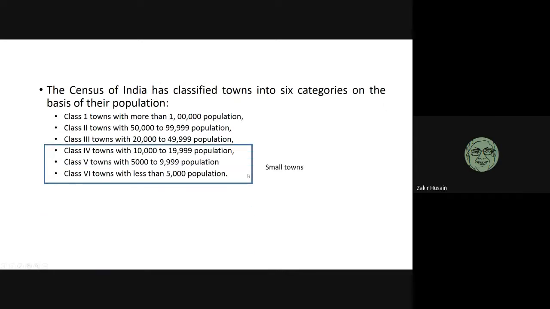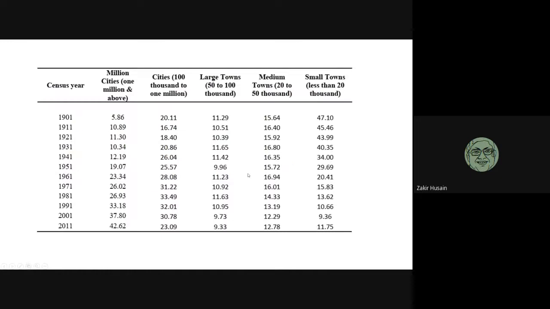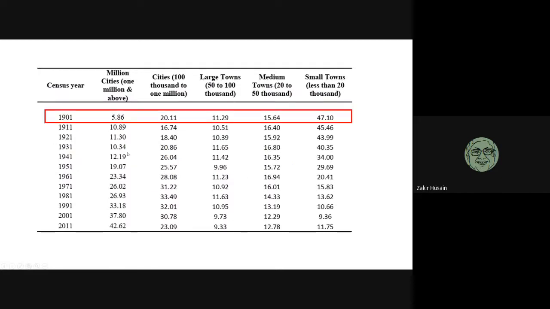If we go down, if you look at the picture now, from 5.86 it has gone up to 42.62. Small towns, which had almost half the population, is now only slightly above 10%.